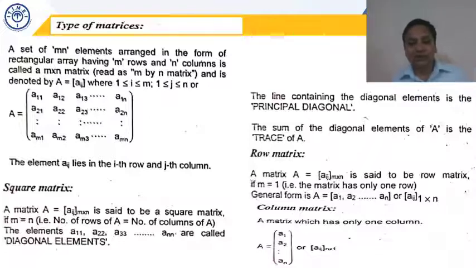I hope this is clear. The basic definitions: principal diagonal A11, A22 up to Ann, and the sum of the diagonal elements of A is called the trace of A. In any matrix, first we denote the number of rows into the number of columns. 2 into 3 says there are 2 rows and 3 columns.